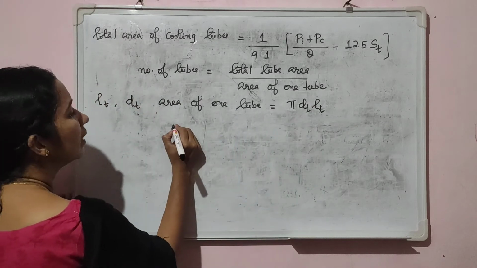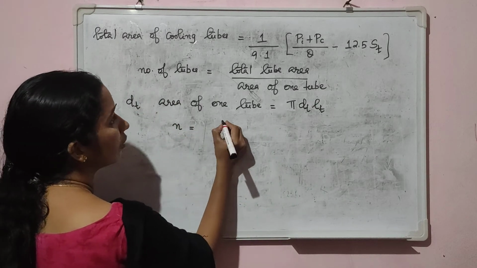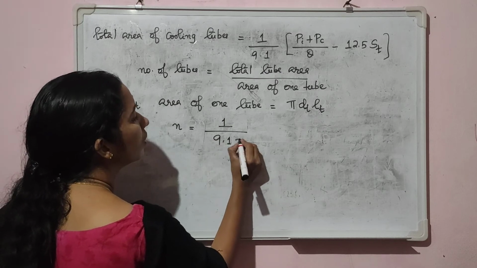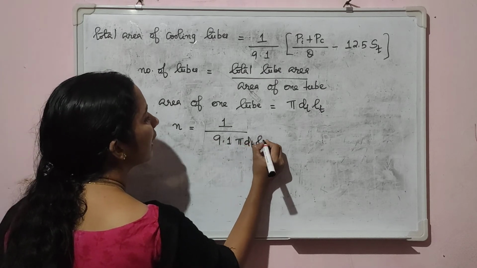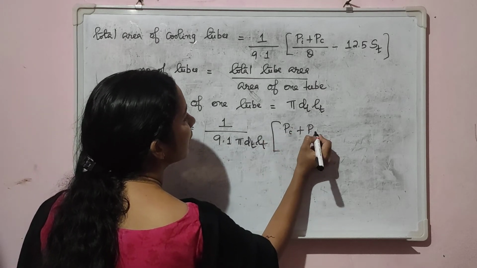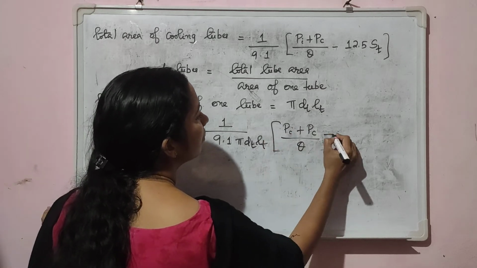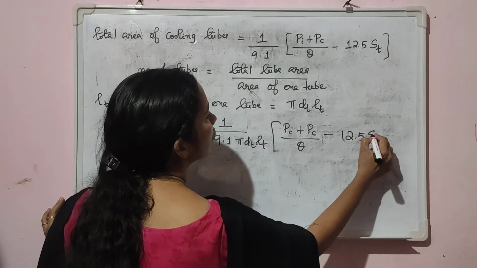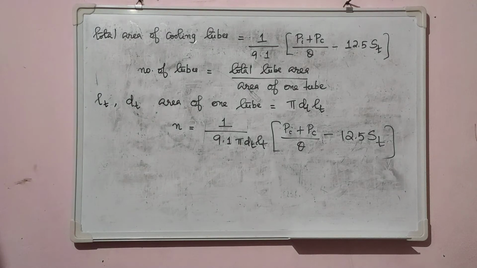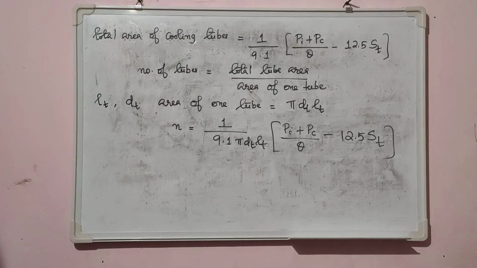Then number of tubes will be equal to 1 divided by 9.1 into pi dt LT into Pi plus Pc divided by theta minus 12.5 into St. So this is the expression for calculating the number of tubes.